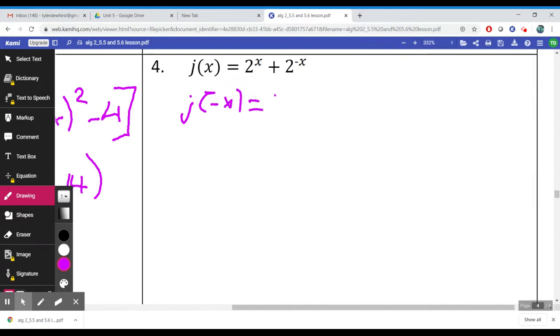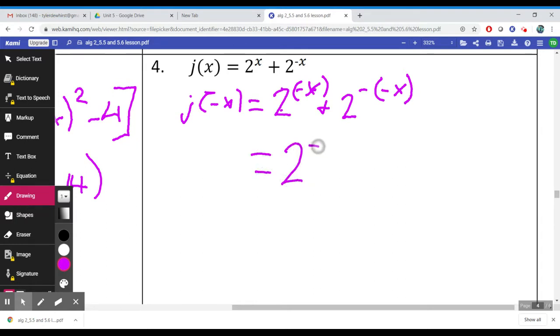So we'll have 2 to the negative x power plus 2 to the negative x power. We can drop some of the parentheses here. So 2 to the negative x plus, and negative x is just going to be positive x, right?